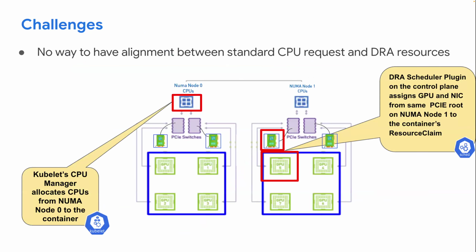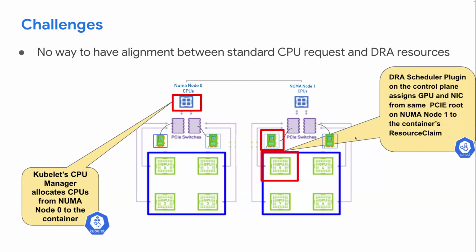The biggest challenge with this approach currently is that we have the CPU manager on the node, which is responsible for allocating CPUs, and the DRA scheduler plugin on the control plane, which looks at resource claims and assigns the other resources like GPU and NIC to the pod.